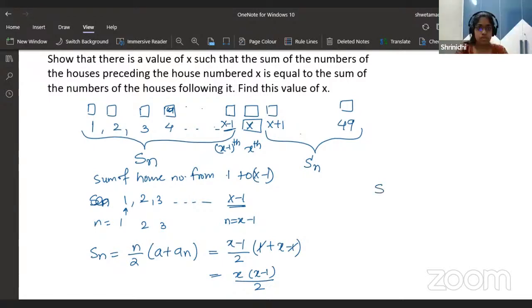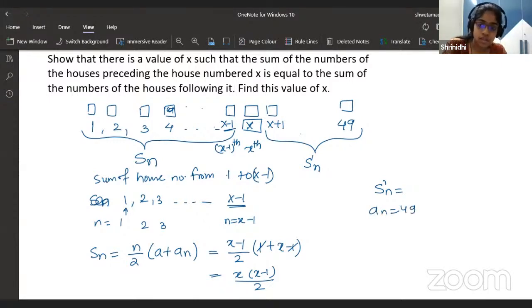From x plus 1 till 49, it's an AP, right? But for that we don't know how many terms, the n value. We have the first term, which is x plus 1, and the last term 49, so we can find n. The common difference is 1. Okay, fine, then we will calculate.